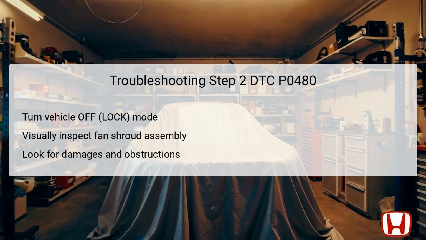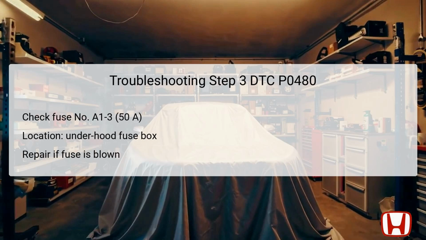Additionally, check for ice accumulation on fan blades during colder seasons, which can hinder operation. Assess the condition of the radiator fan and the fan shroud itself for any broken or deformed parts. Any detected issues should be repaired or replaced before proceeding to the next diagnostic steps.